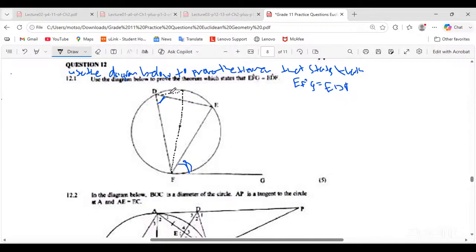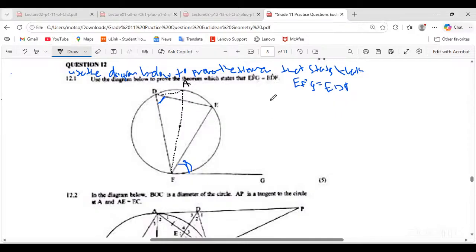Now we need to have a letter here, maybe a letter A. You will have this diagram on your answer sheet. You will just have to draw the construction FA, which is the diameter, and you join the letters DE.